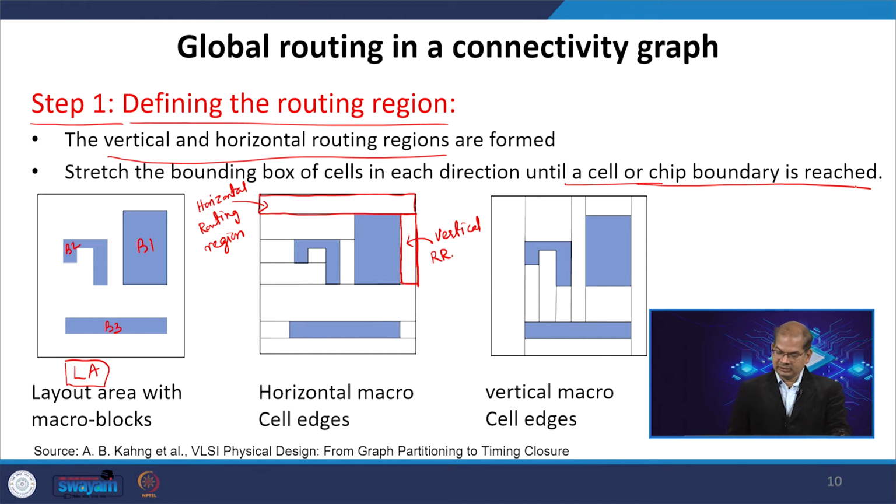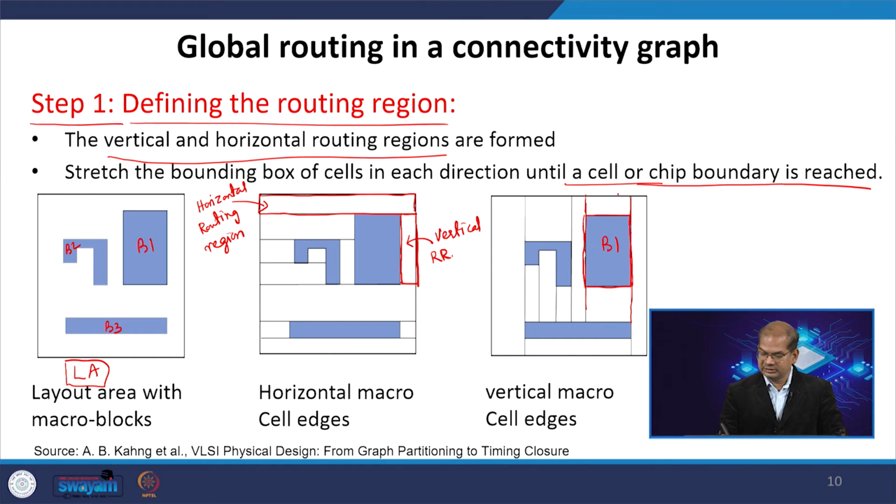Let us say this is the block or the cell, B1. These lines are touching your bounding box, all the way to the chip boundary.